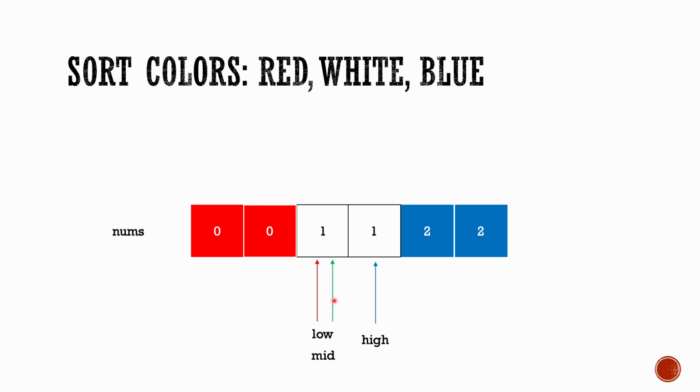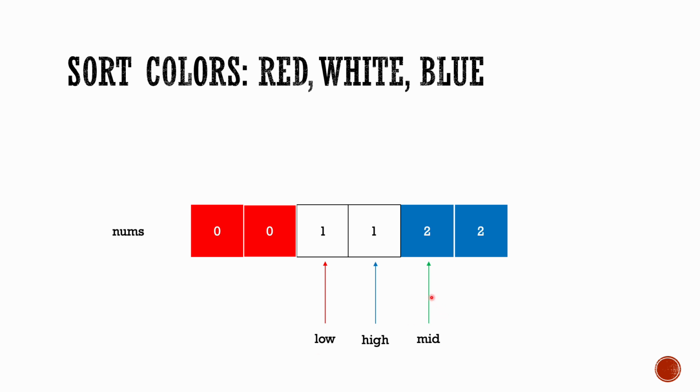Now moving on, nums of mid is 1. Where should 1 go? It should stay at mid itself, so we increment mid. When we increment mid, we again encounter a 1. What are we going to do next? Increment mid again.